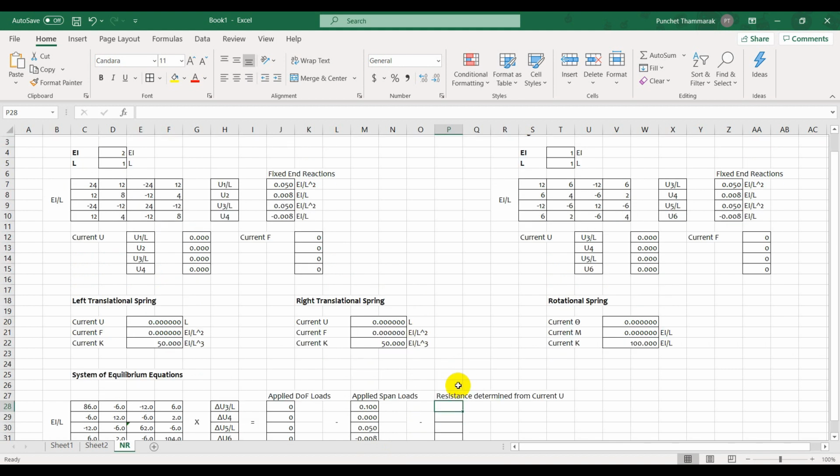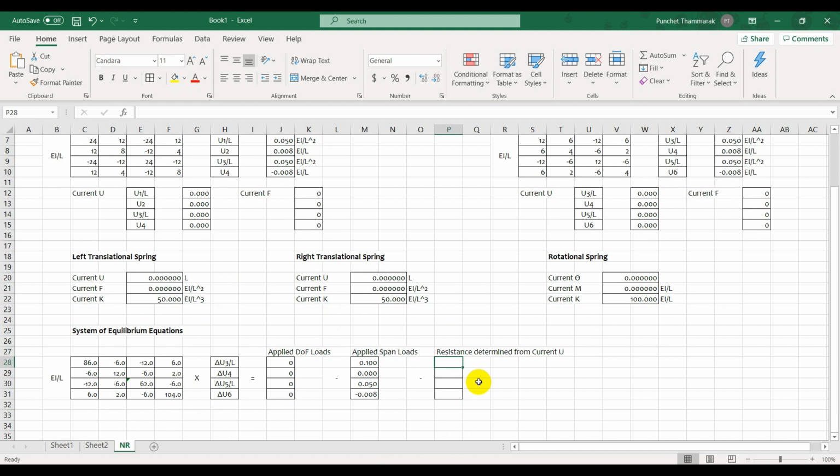So from the beam, we have U3, U4, which is that current F. Good. And then add up with this one, U3, U4, and U5, U6.